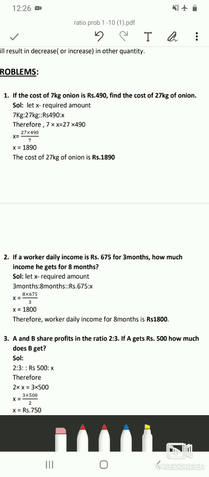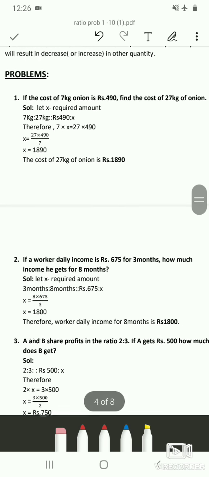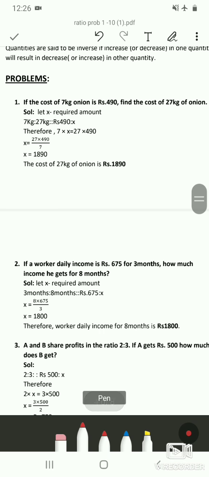So here let the unknown quantity, that is the cost of 27 kg of onion, be considered as x. So now let's write in the form of proportion. So the proportion for the given problem is 7 kg is to 27 kg as rupees 490 is to x.